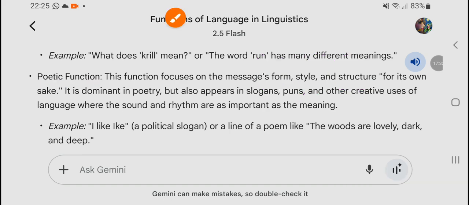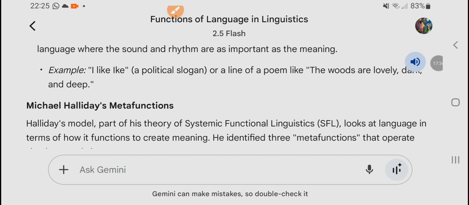For example, I like, that's a slogan, right? So that is a poetical slogan. Or a line of poem like, the woods are lovely, dark and deep, but I have promises to keep.